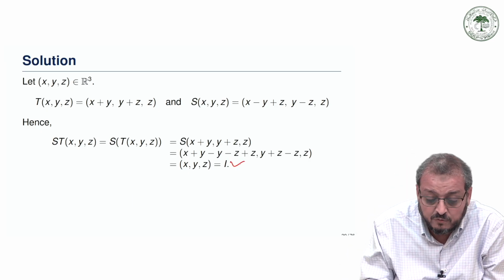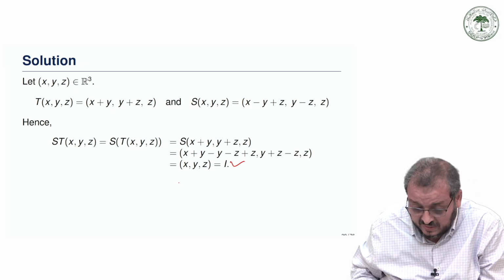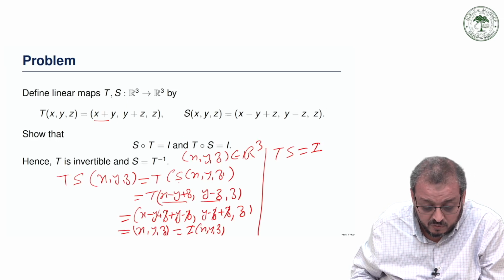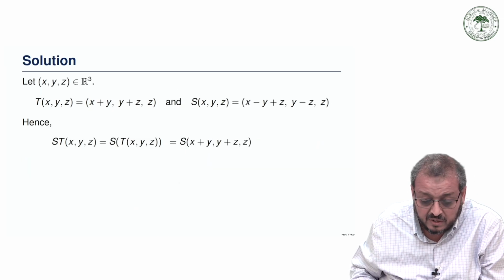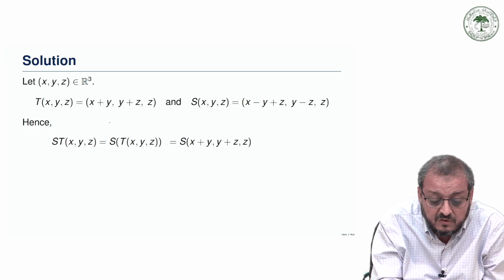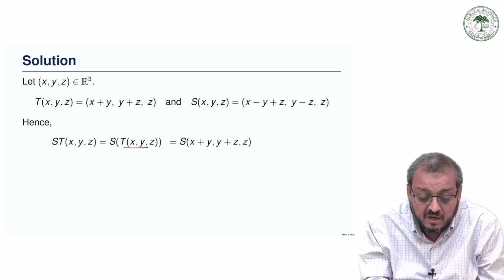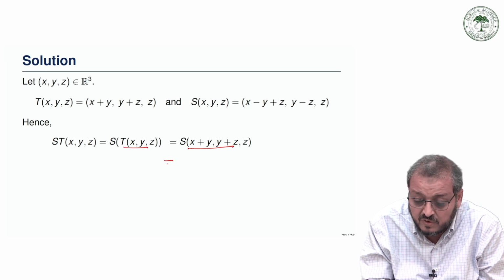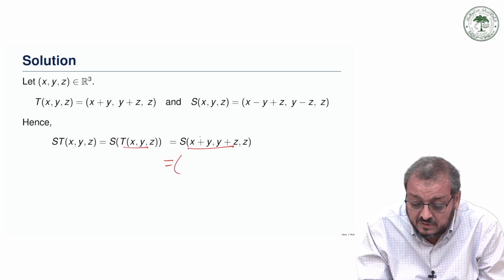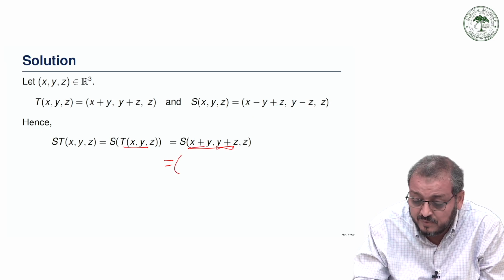Now we have to try ST. So TS we have already shown. Now S of T, we can write T of (x, y, z), and then apply S here. You have x, you have y, and z as it is, x minus y plus z.